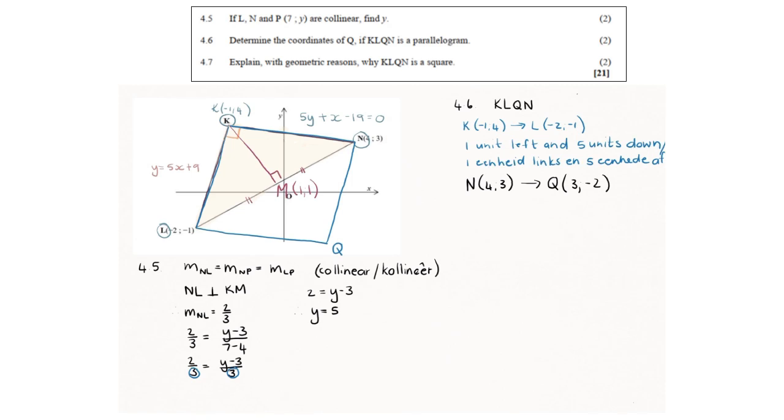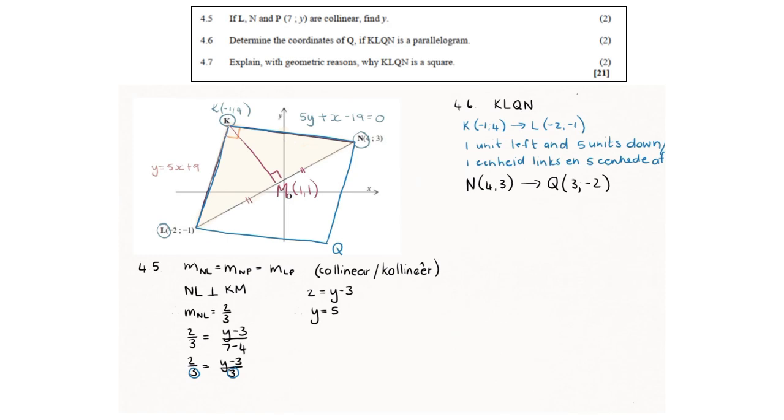And if we take the y-coordinate of N, that's 3, and we subtract 5, it gives us negative 2. And that is the y-coordinate of Q. So the coordinates of Q is then 3 and negative 2. And you get 1 mark for the x-coordinate of Q and 1 mark for the y-coordinate of Q.